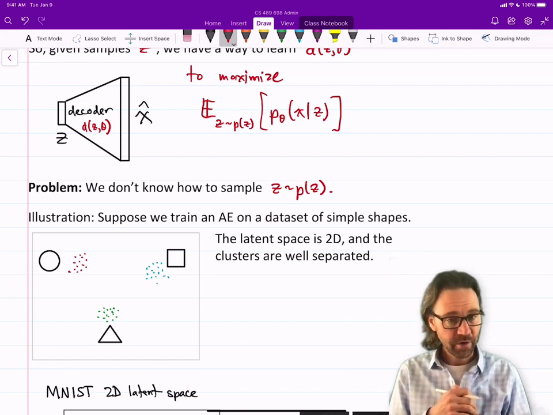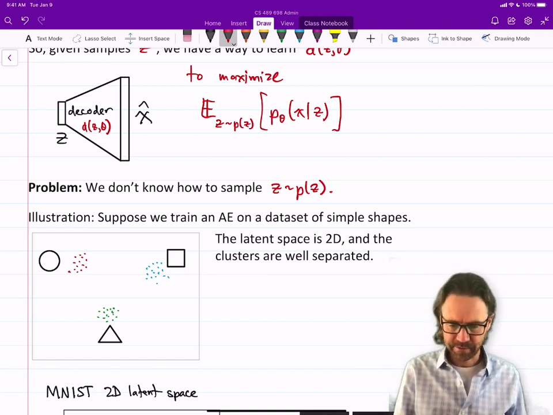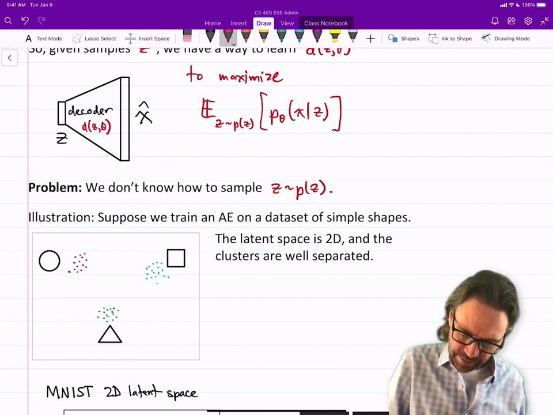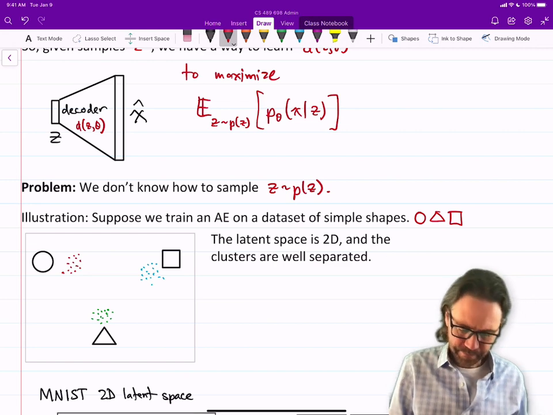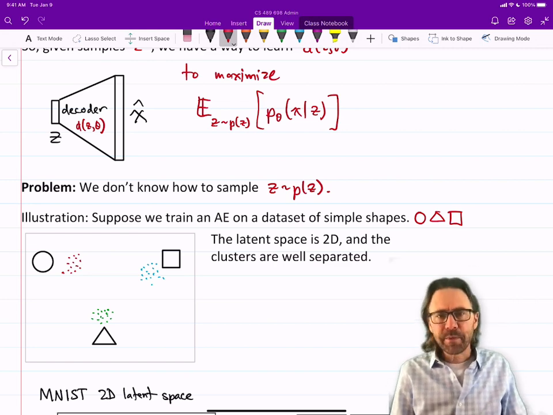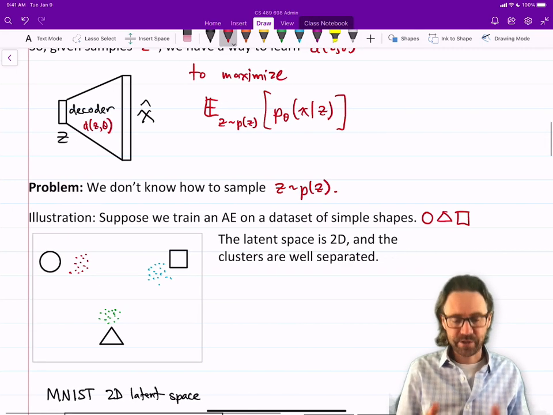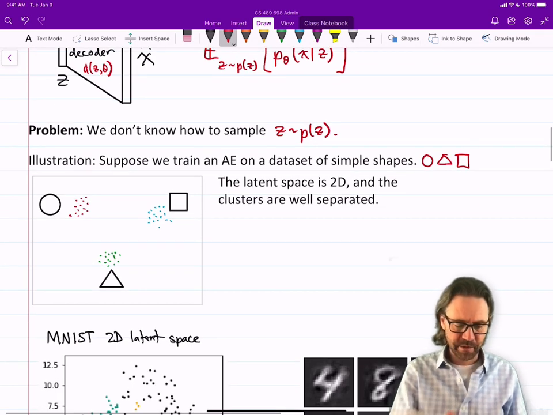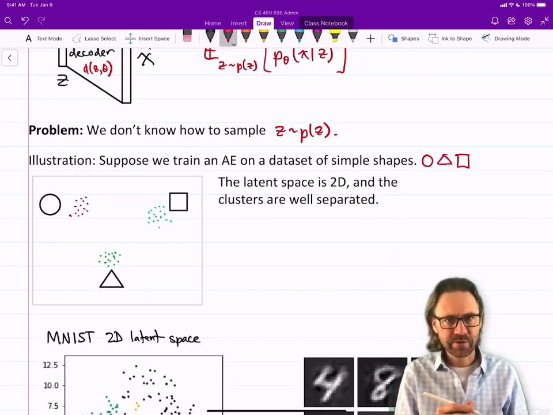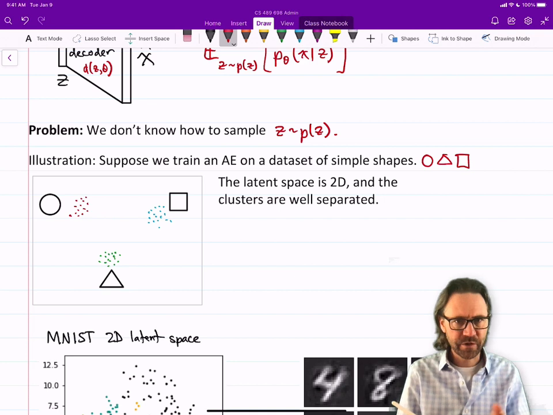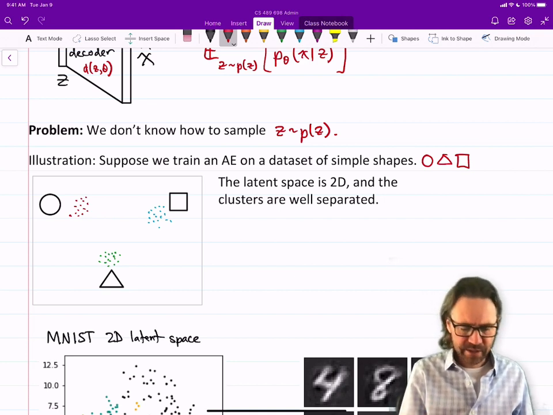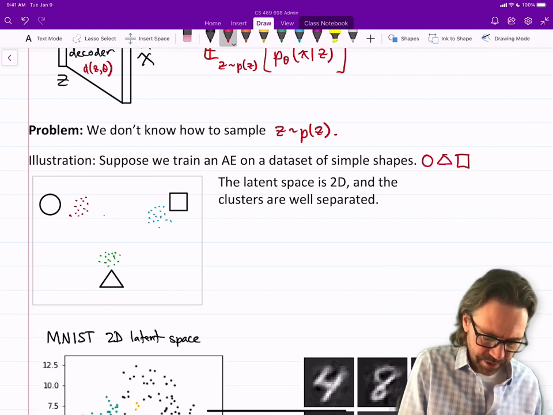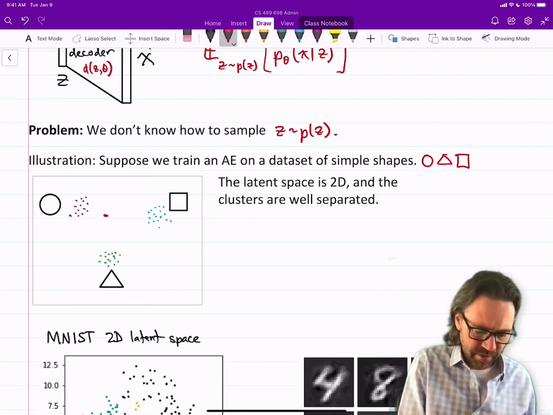Suppose we train an autoencoder on a data set of simple shapes. So let's suppose my shapes are circles, triangles, and squares. The latent space is 2D, and the clusters are well separated. Here I'm showing them trained, so you can see the 3 different clusters in 2D, and I've shown which shape each cluster corresponds to. So now let's say that we choose a sample here, and we reconstruct from it.